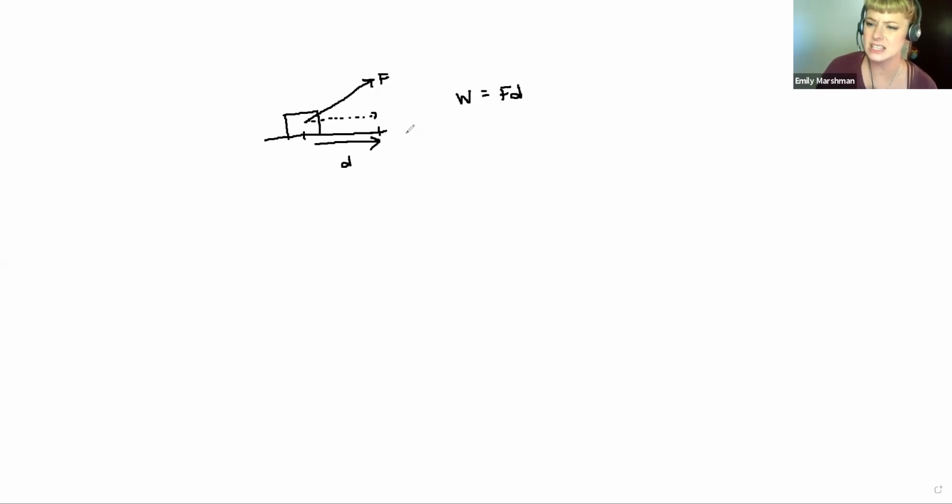We said, hey, this thing is going to add energy to this crate, right? The energy that it adds by doing work on this crate, so the work done on the crate, or the box, whatever you want to call it, is equal to the change in the box's KE, or kinetic energy.